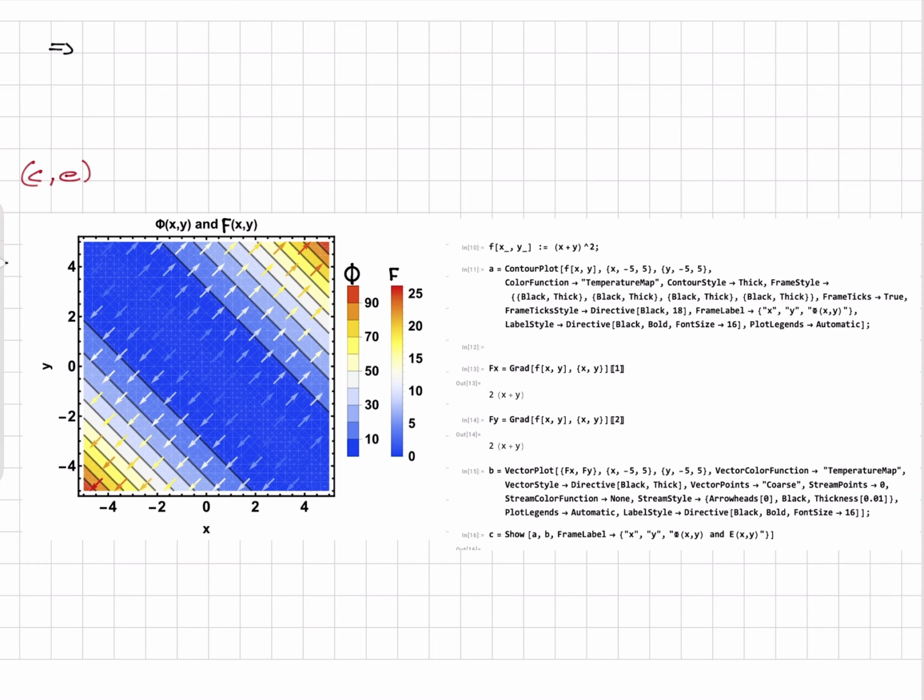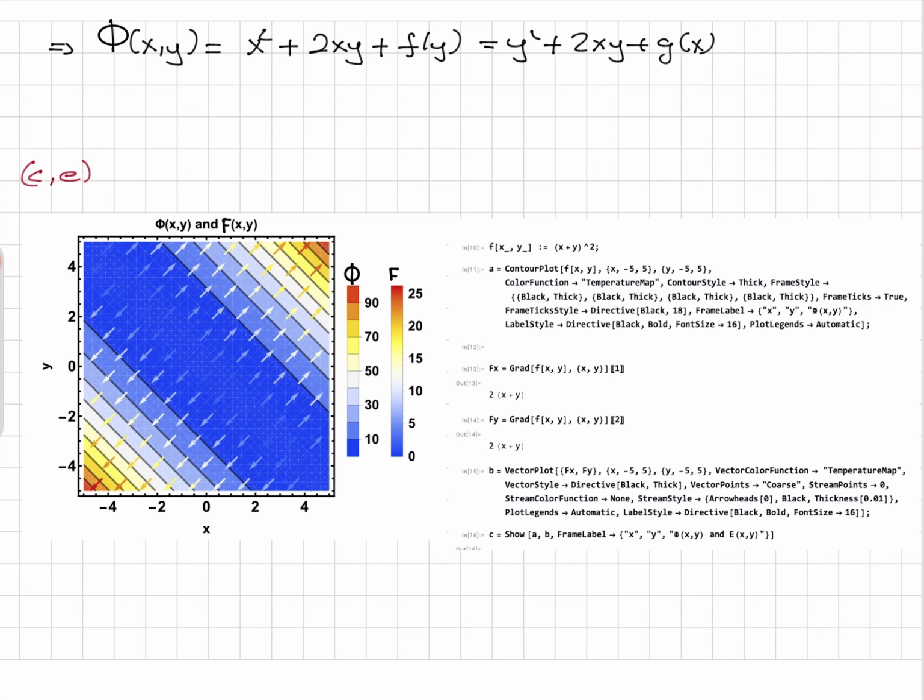So that means this is going to imply phi of xy is x squared plus 2xy plus f of y, or y squared plus 2xy plus g of x.